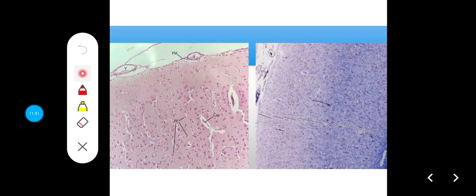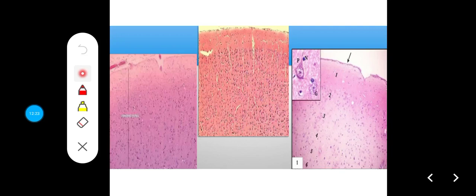Same thing here. The cell deficient molecular layer contains a few cells and more processes. Then you see the more densely packed area. Then you see the pyramidal cell layer, more of the large triangular neurons.